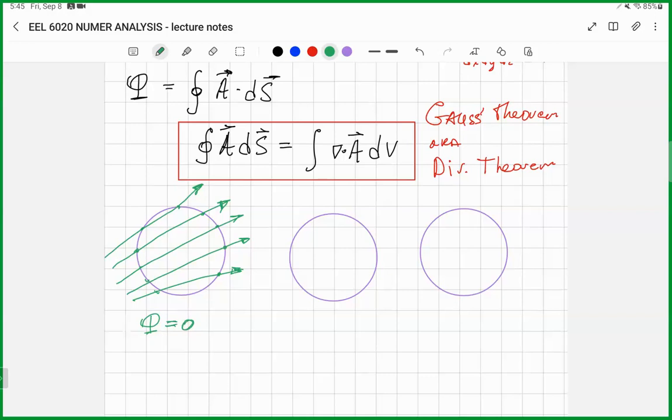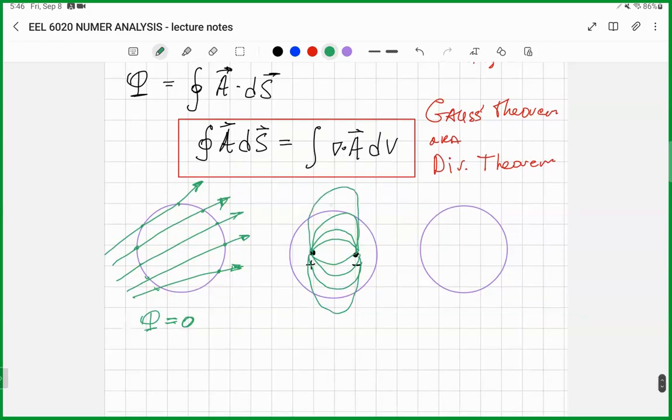Okay. At the same time, let's consider another case when we have, for example, two charges inside of this spherical surface, with plus and minus. So plus creates field, minus absorbs field. So the field lines go like this, right? So it can go out from the surface like this.